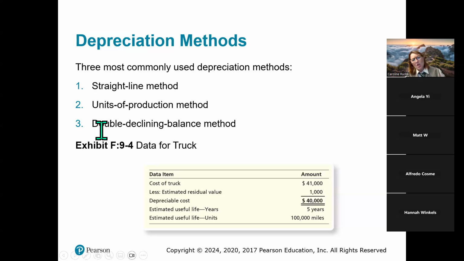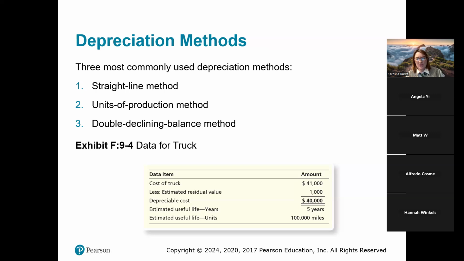Okay, so I just want to refresh your memory. This isn't the data that we used before. Here's the data we're going to be working with for the next couple of slides. We've got a truck. It cost us $41,000. Its estimated residual value is $1,000, so we're going to be able to sell it for $1,000 once we're done using it.